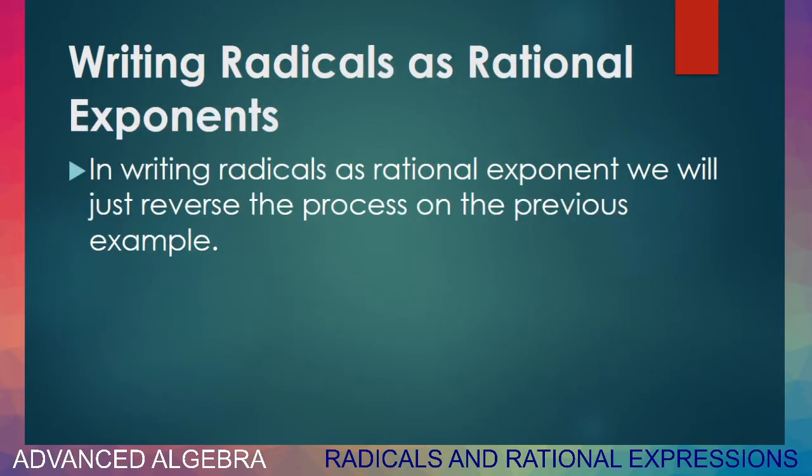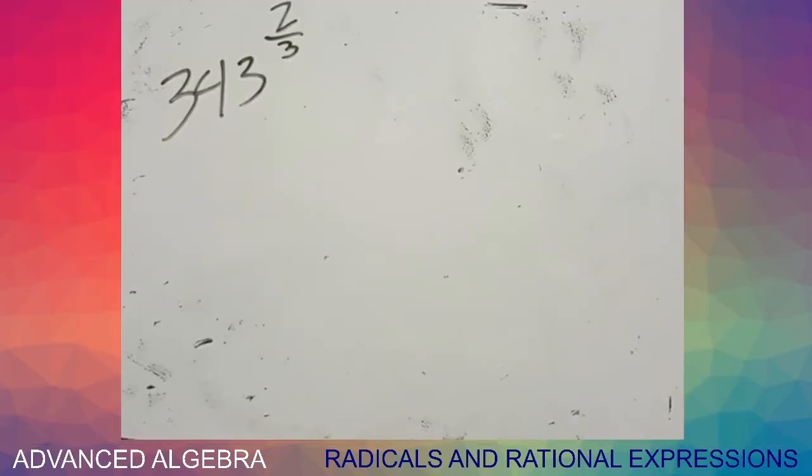Okay, next. In writing naman radicals as rational exponents, i-reverse natin yung process ng pag-convert natin from rational exponent to radicals. So, same process natin. Magbigay tayo ng example dun sa dalawang yan. Okay. Mag-start tayo sa pag-write ng rational expression into radicals.